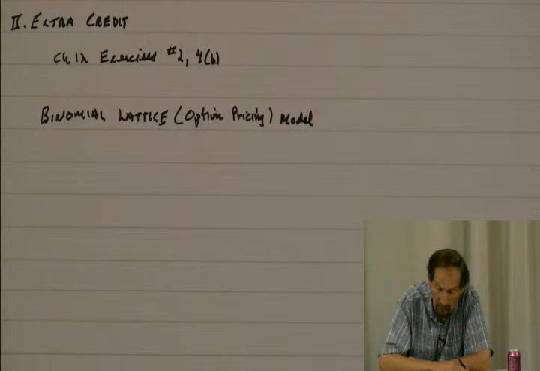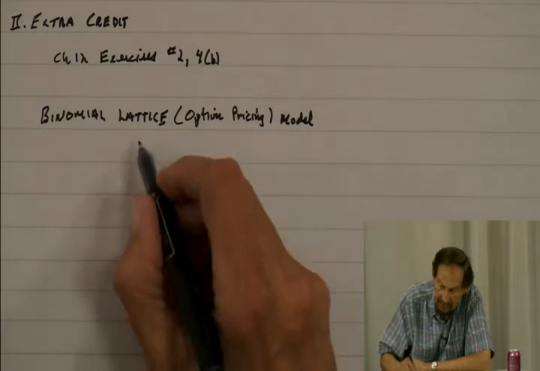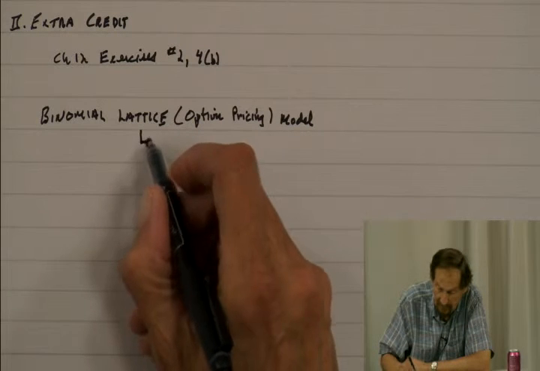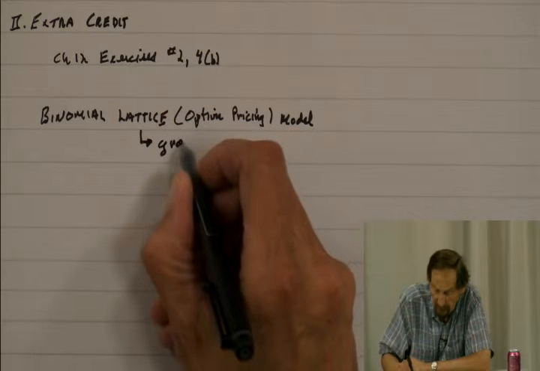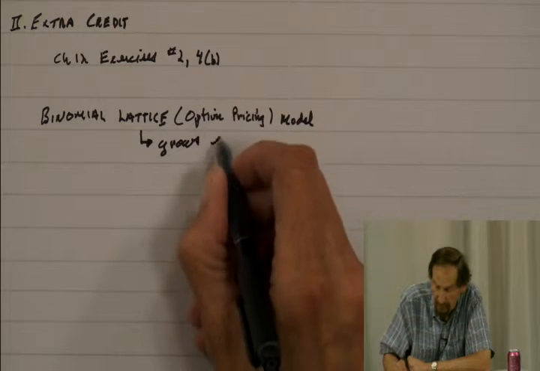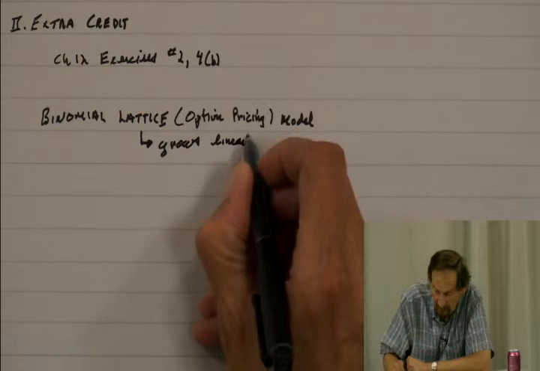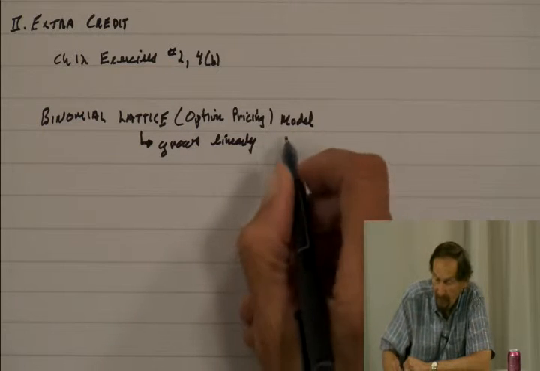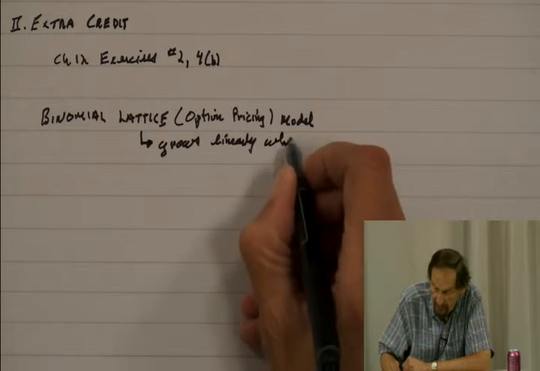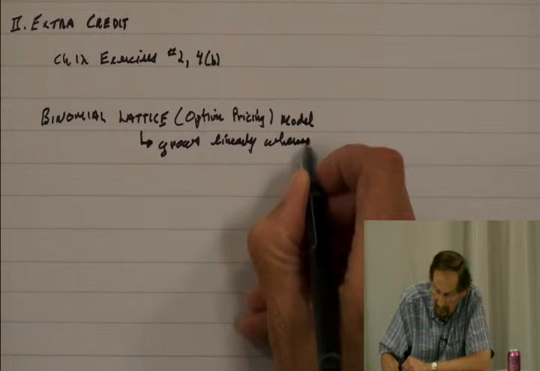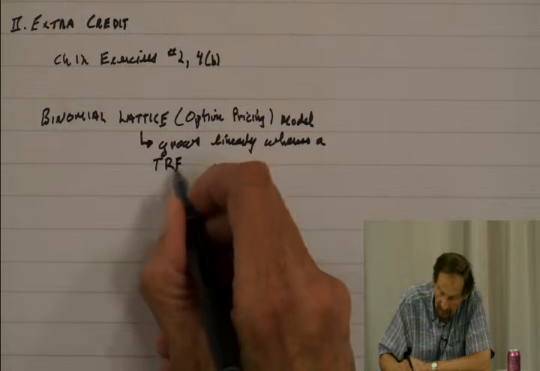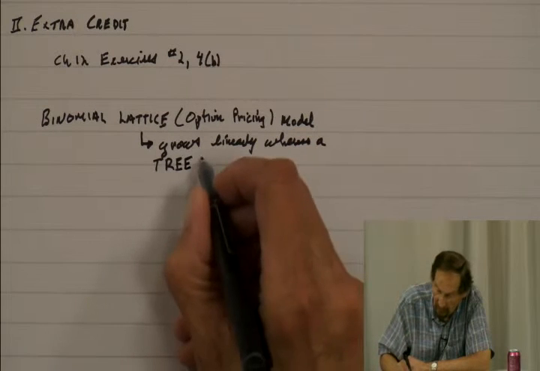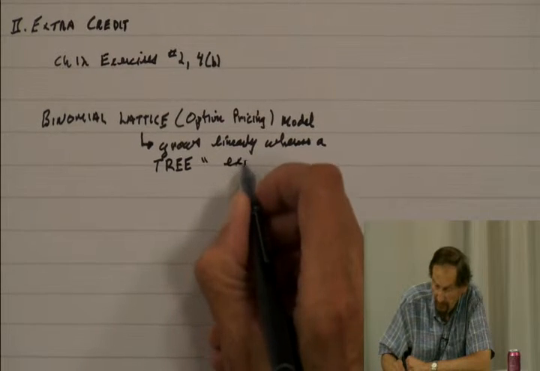Now, what we pointed out is that the binomial lattice grows linearly, whereas a binomial tree grows exponentially.